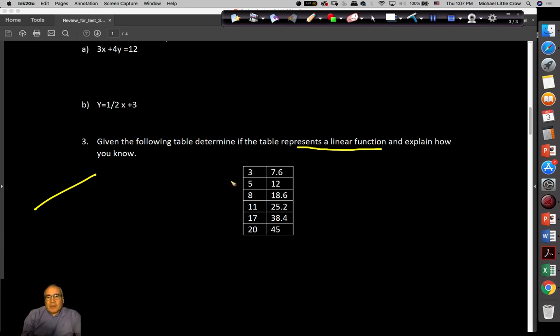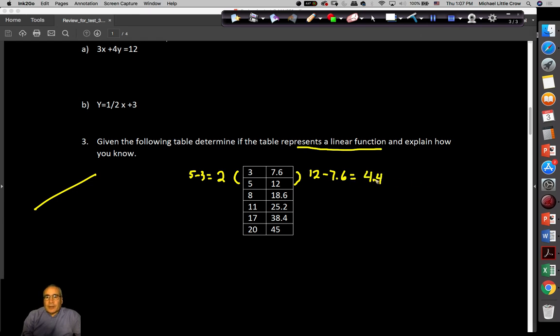And so the way we do this is we just look at each pair of points. So we look from 3 to 5, so 5 minus 3 equals 2. And then we do the same thing over here. We could do 12 minus 7.6, that gives us 4.4.